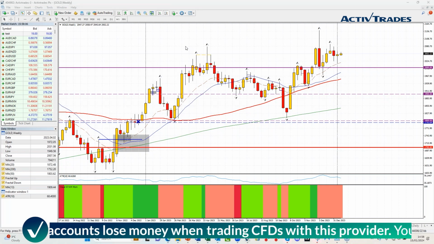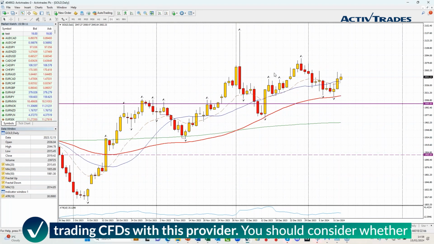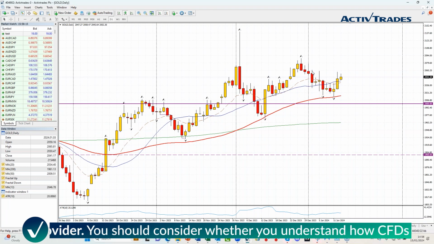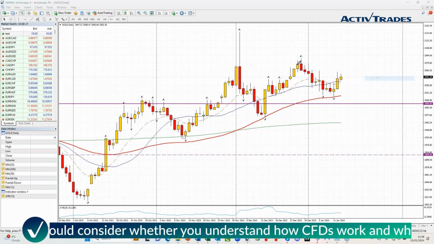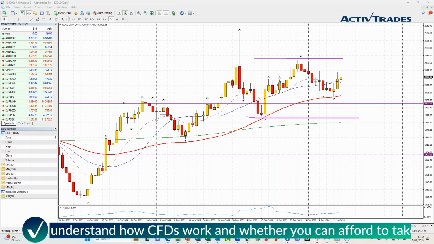So that was the move that we looked at, and that's how it worked its way up. If I'm looking at how it's working at the moment on the daily chart, once again, I think this is relevant if you're a trader of the US dollar.